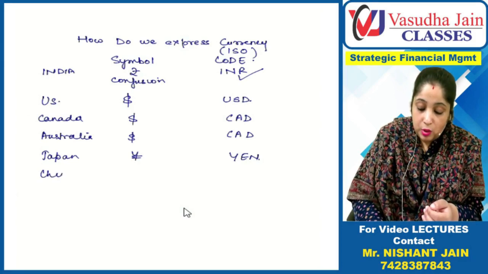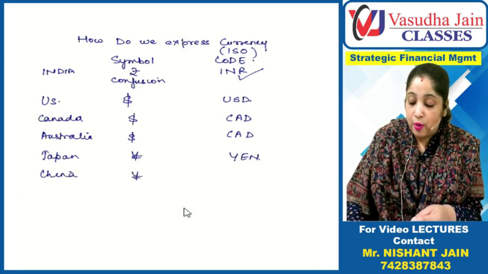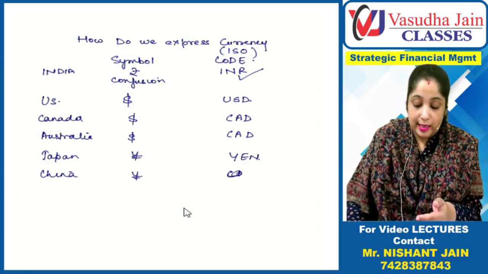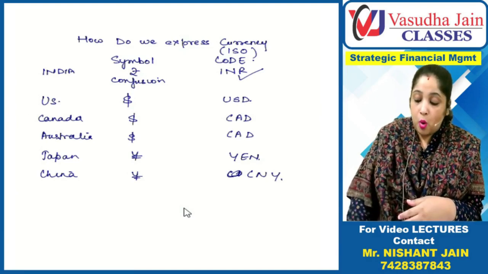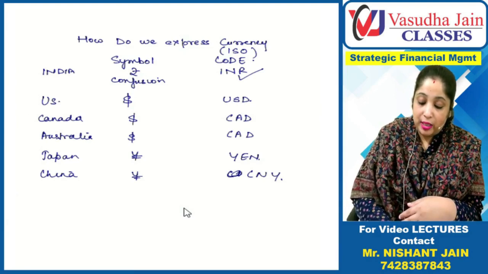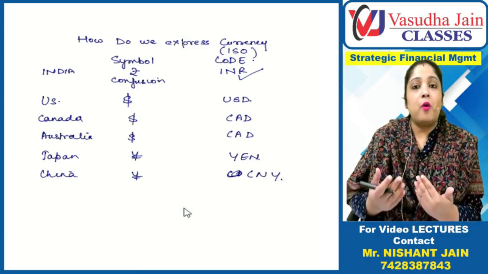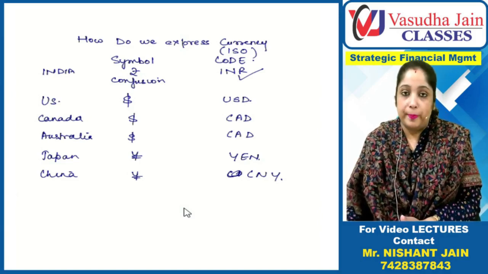And for China also, the currency is denoted with this symbol, but it is the Chinese yuan, CNY. So the code can identify which currency you are talking about, but symbols can confuse you about which currency or which country you are talking about. So more often you should use the code.